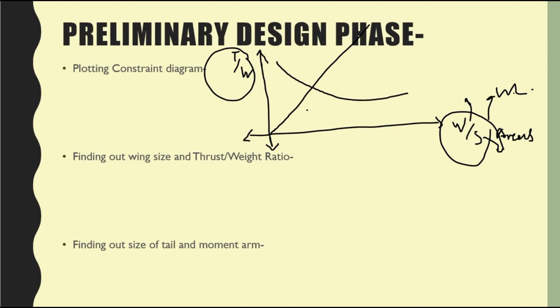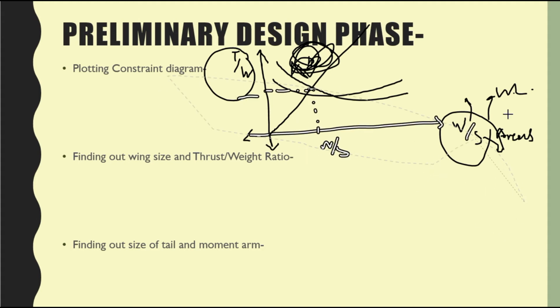Then if you have a constraint for rate of climb, then again it will give you a graph like this. Now the intersection of all these graphs is nothing but our design region, that is this. So this will give you an idea of what thrust by weight ratio should be selected for a typical wing loading. So this is how the constraint diagram helps us in understanding the procedure.